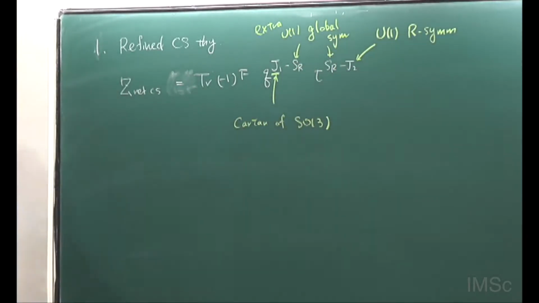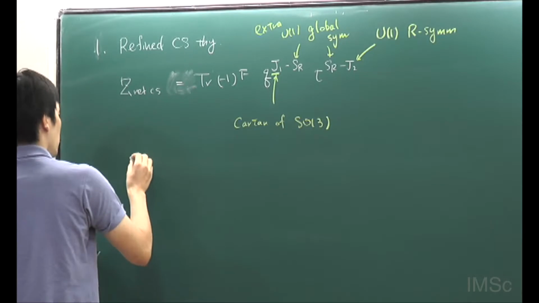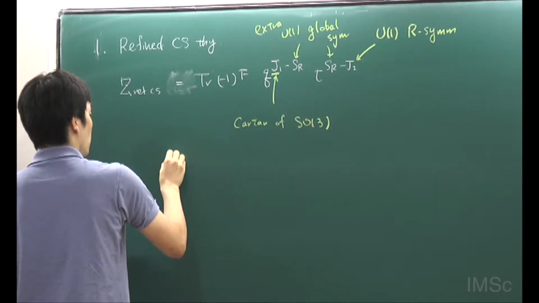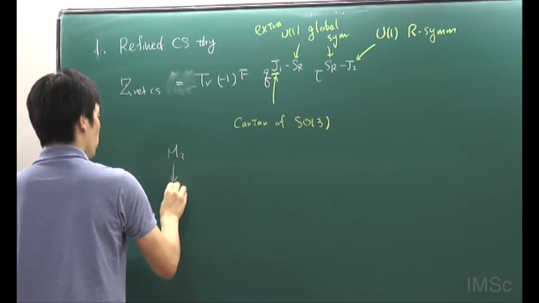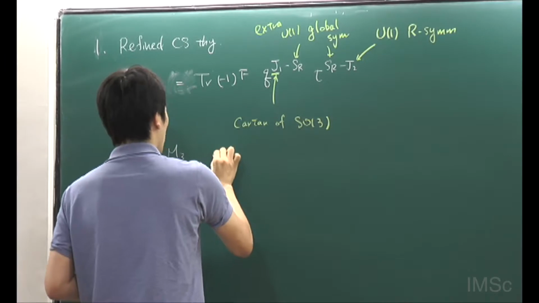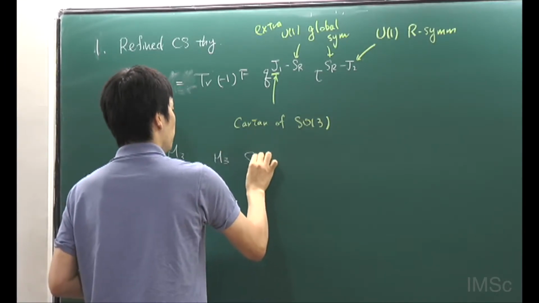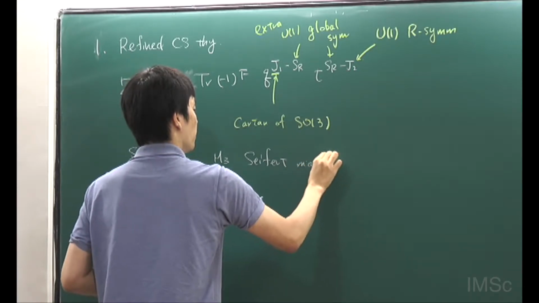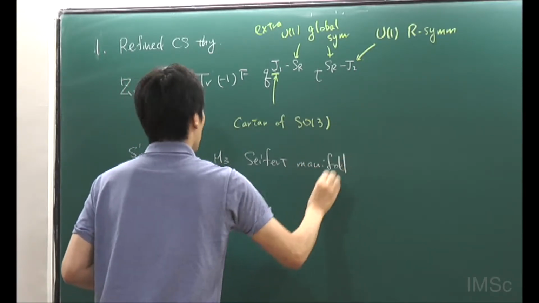So you can replace S3 by a Seifert manifold in general. If M3 has the following structure, an S1 fibration over a Riemann surface, then M3 is called a Seifert manifold.